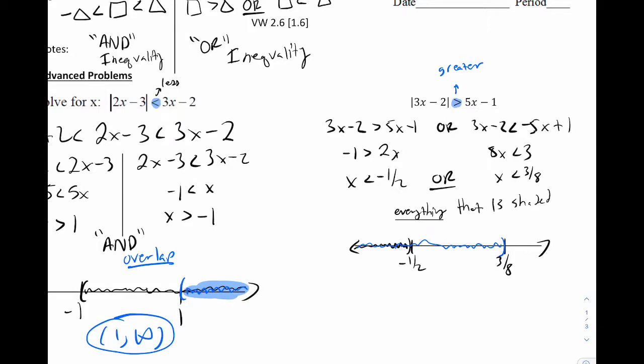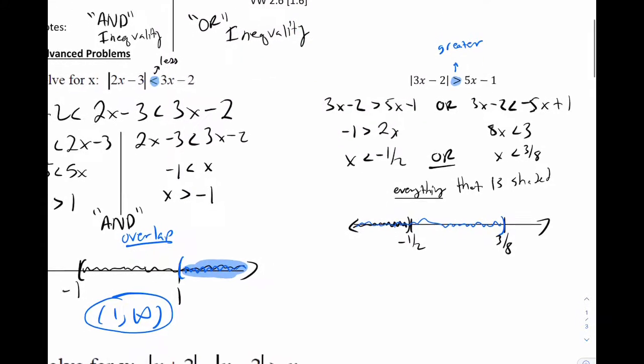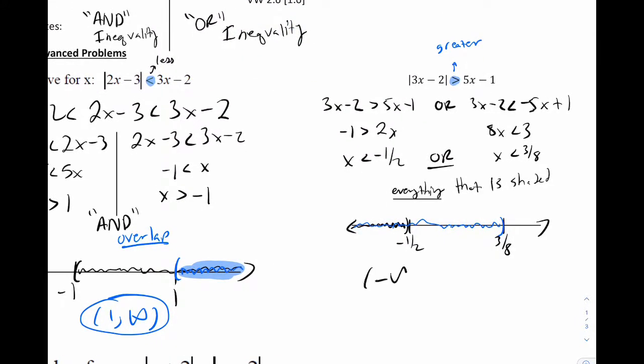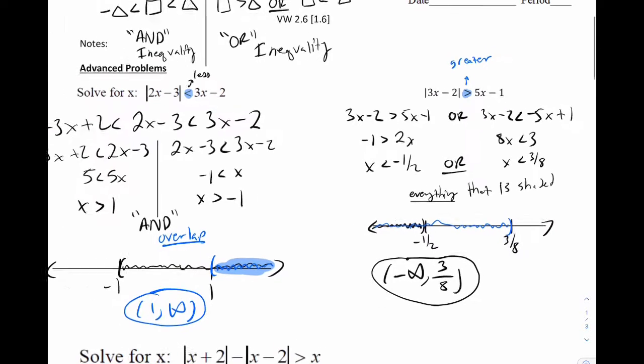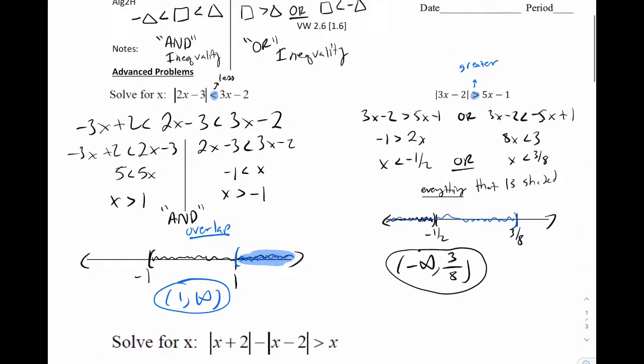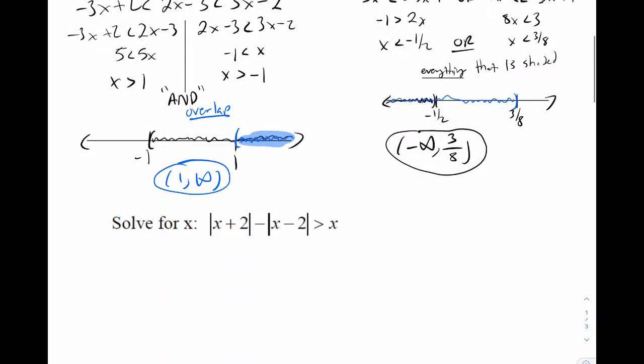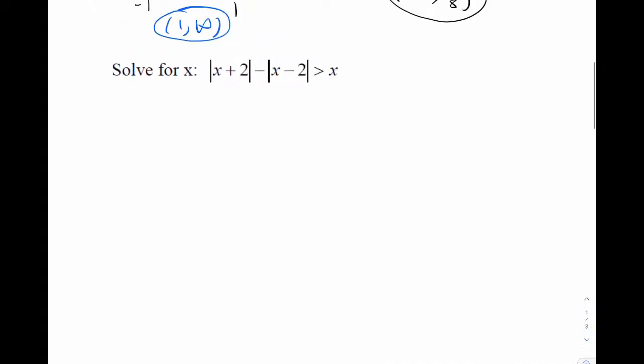So again, for OR, you take everything that is shaded. For AND, you just want the overlap. So the answer here is going to be negative infinity to 3 over 8. And that's it.